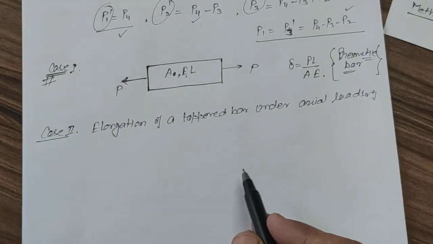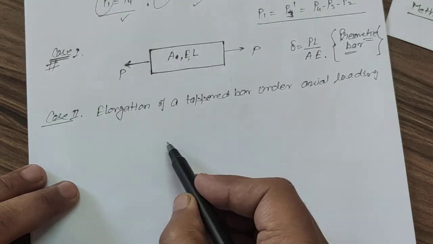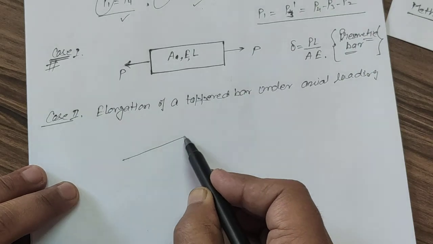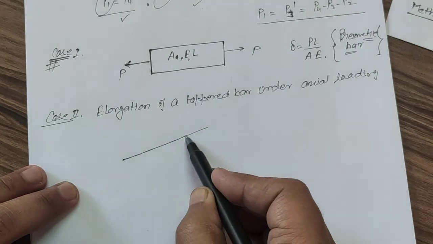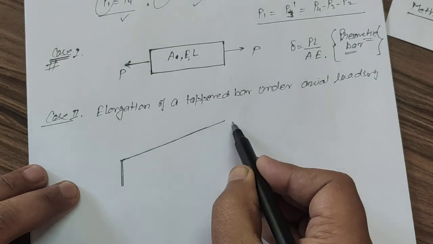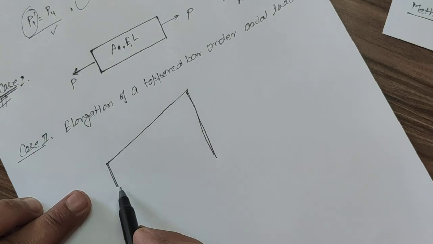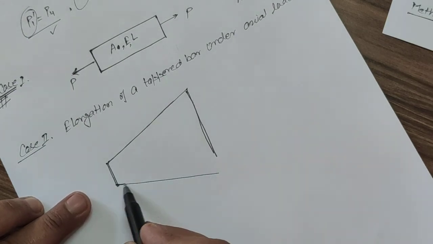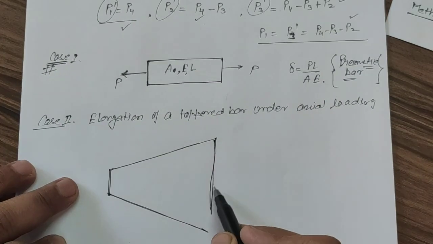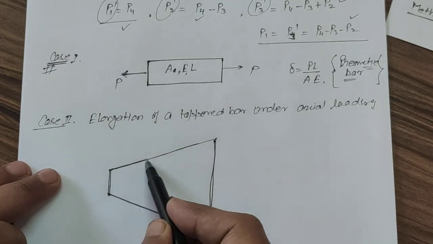Tapered bars are those bars whose cross sectional area varies uniformly along the length. Along the length means the cross sectional area is varying, and the variation is uniform.